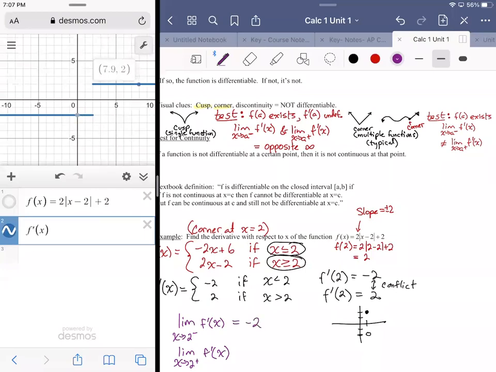Then from the right, you'd say, all right, what's my y value approaching as my x value is getting closer and closer to 2 from the right-hand side? And you say, my y value is not changing, so I guess +2, and you'd be right. Because these are not equal, this justifies a corner. All right.